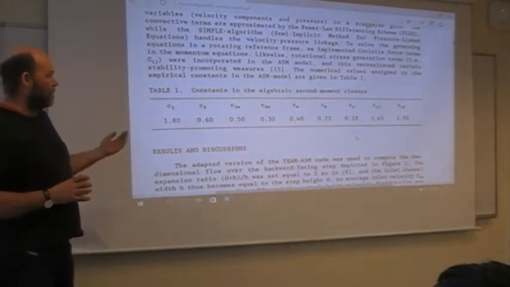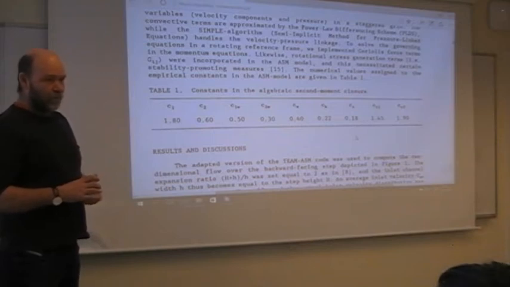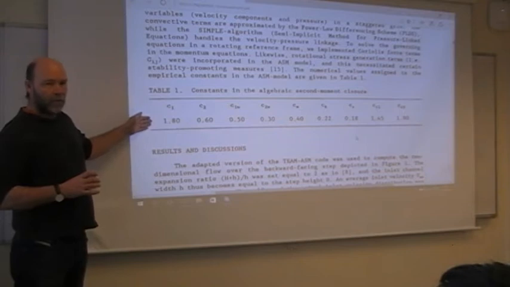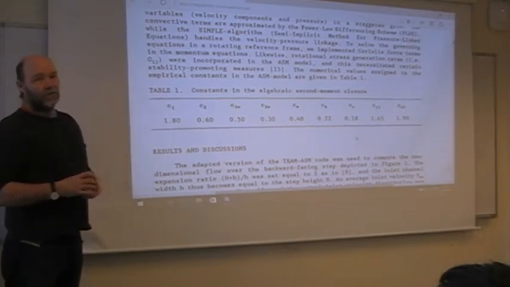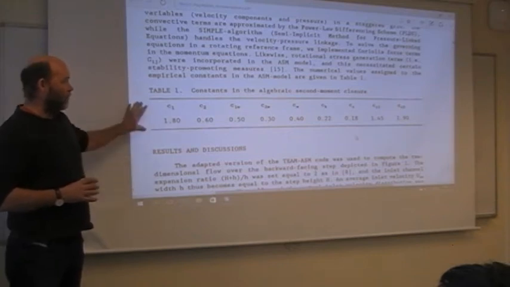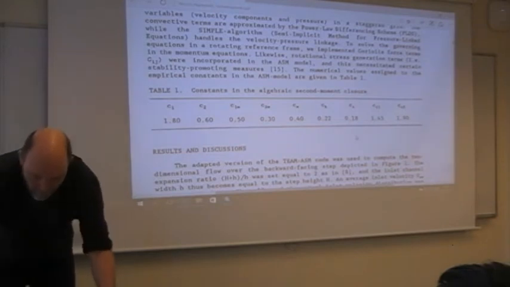So using these advanced models, ASM, full RSM, can be rather tricky, because starting a parameter study to find the optimum set, well, that's going to take years. So you are quite dependent on finding a suitable set from somebody, somewhere.